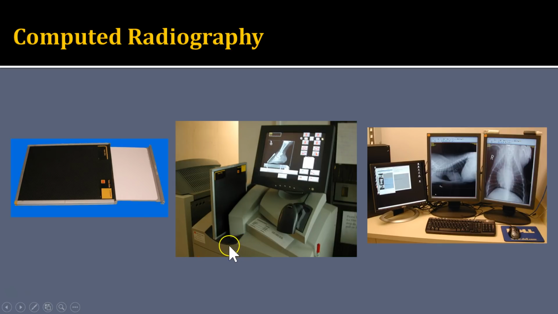The reader extracts the plate, has the laser beam scan it, and turns that into the electrical signal, which is then turned into a digital image. So this is a quality control station. A big benefit is we can send that digital image anywhere, and specifically we will send it to a computer workstation where we have software and can manipulate and view it.